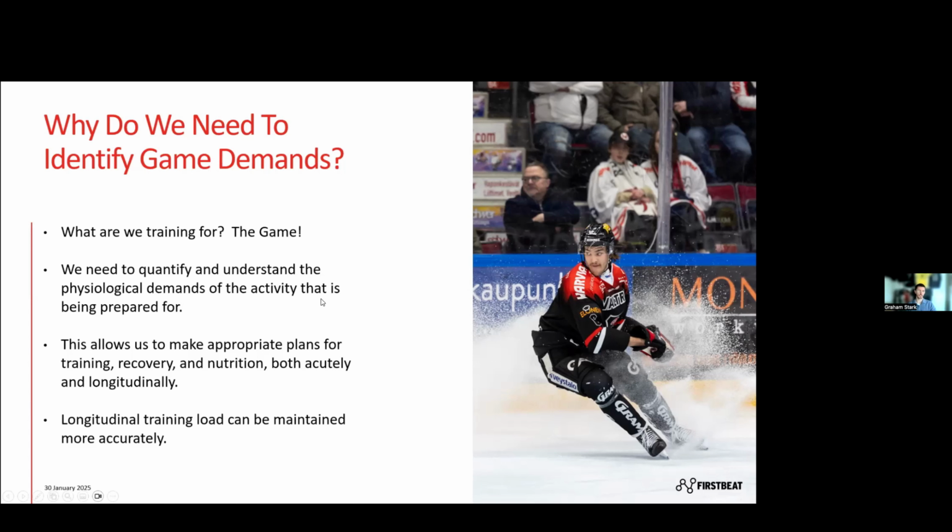Doing so allows us to plan accordingly, both the training that we're doing, but also the recovery we need to allow, the nutrition, everything like that, on both a daily and long-term basis. And as I've already touched upon, it allows us to maintain longitudinal load a bit better if we're collecting game data. I'll get a bit more specific on that in a moment.